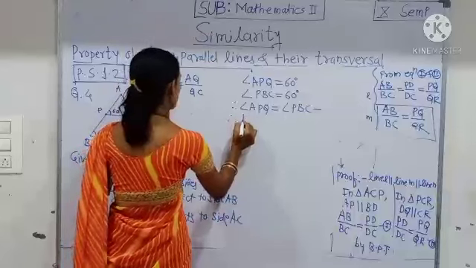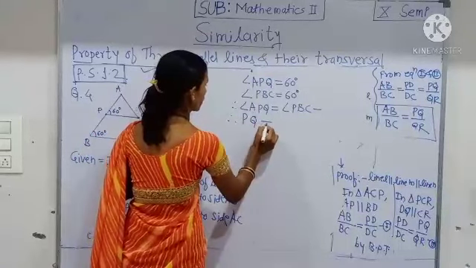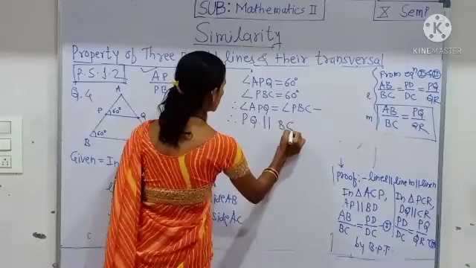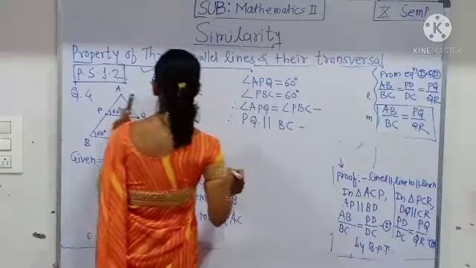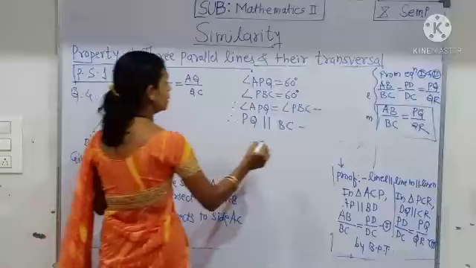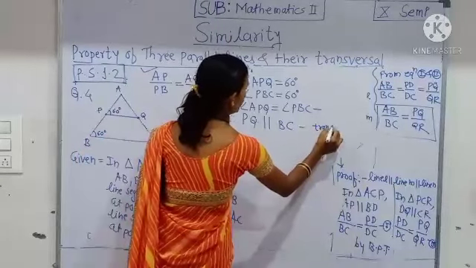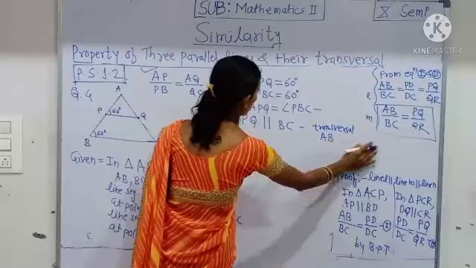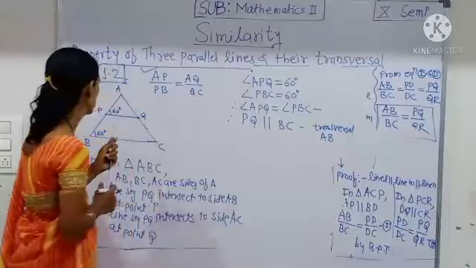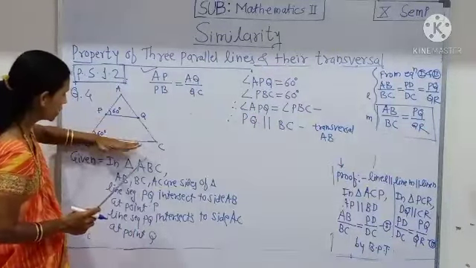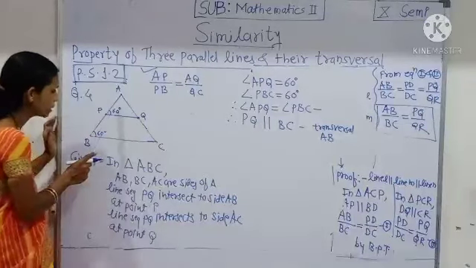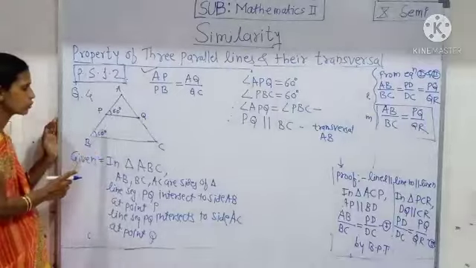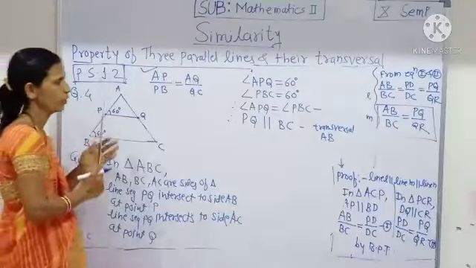Therefore PQ is parallel to the segment BC and the transversal AB is considered here, because here corresponding angles are congruent.